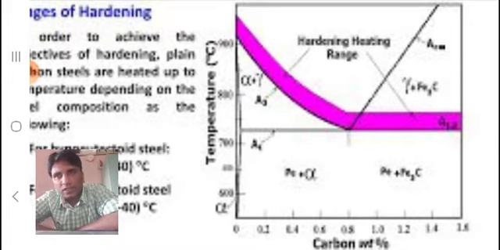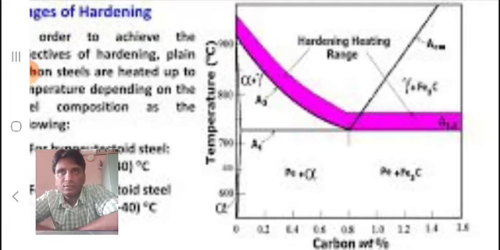So our only task is to get the microstructure for the required hardness. So depending upon the hardness requirement, we'll try to cool the metal to get the required microstructure.